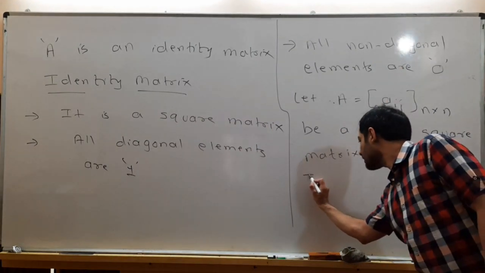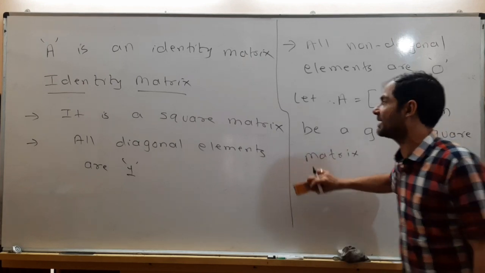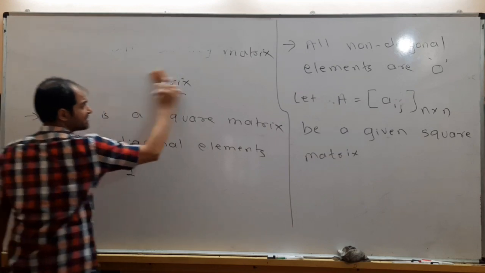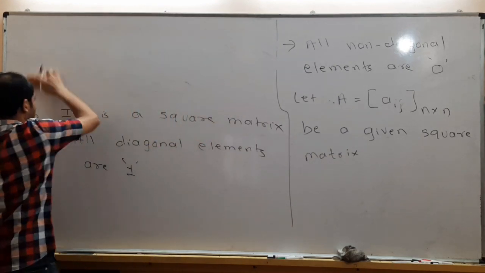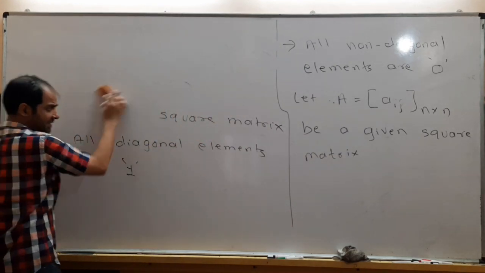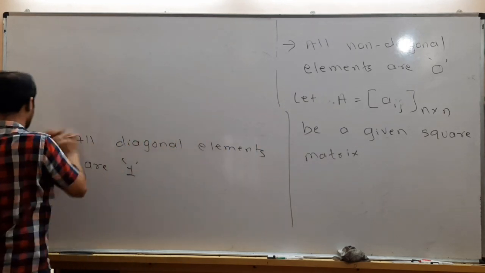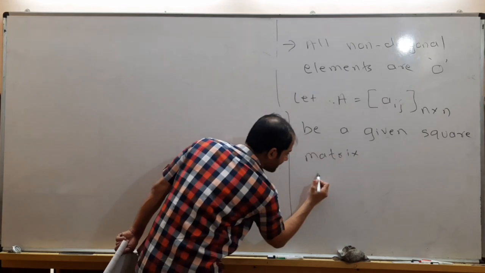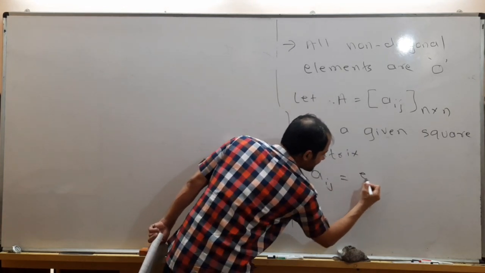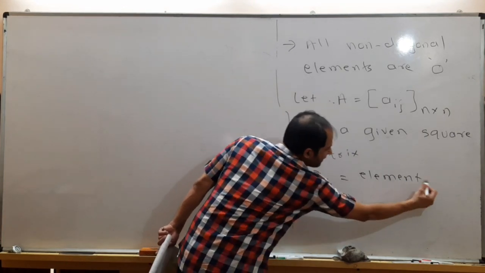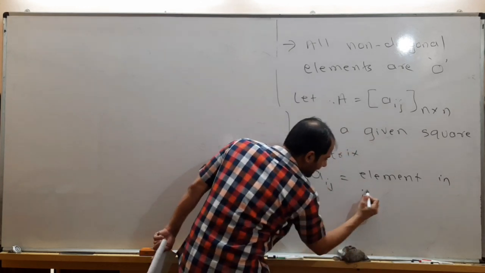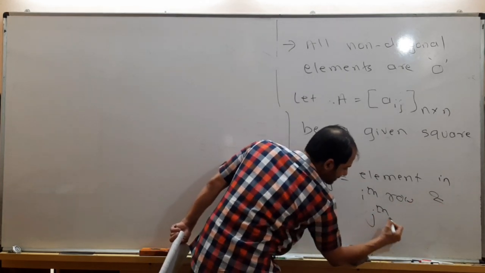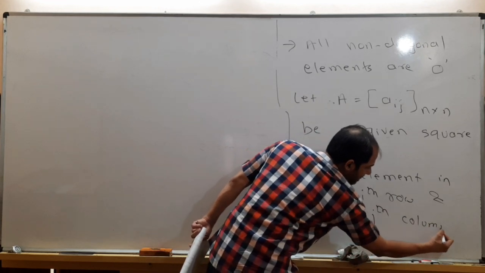At diagonal places, for diagonal elements, value of i is equal to j, and at non-diagonal elements, the value of i is not equal to j. And if you can recollect, Aij is element in ith row and jth column.